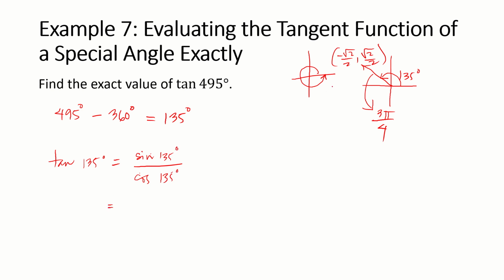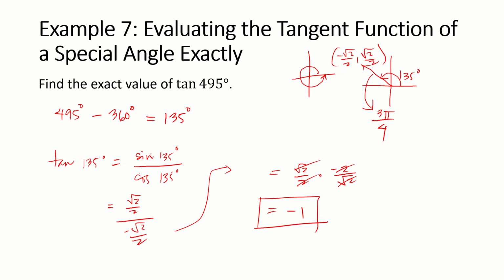Yung sine natin is yung y coordinate, which is square root of 2 over 2. And then yung cos natin is yung x, so negative square root of 2 over 2. Dito lang natin i-continue. So, square root of 2 over 2, change division to multiplication, then reciprocal. So, negative 2 over square root of 2. Cancel out square root of 2, yung 2 din. Matitira na lang is negative 1. So, ito yung sagot natin.